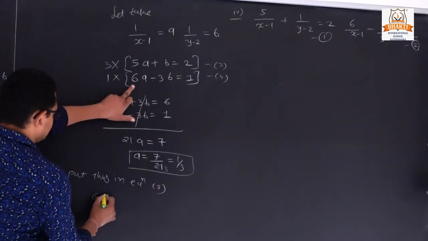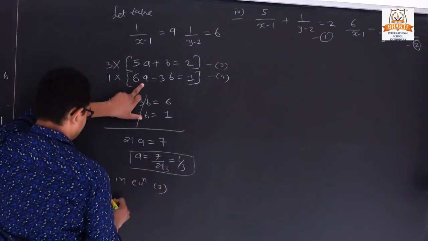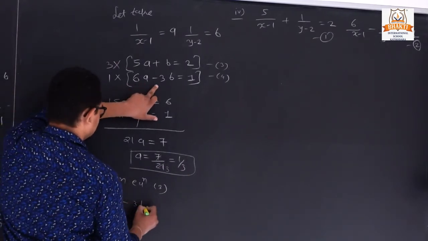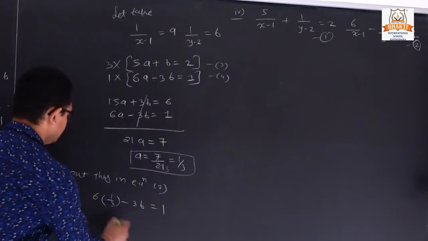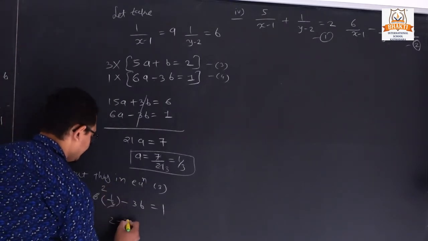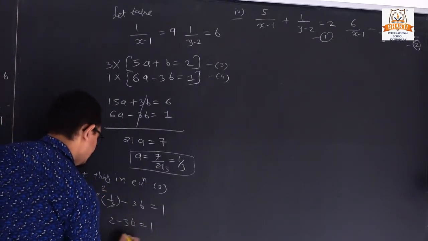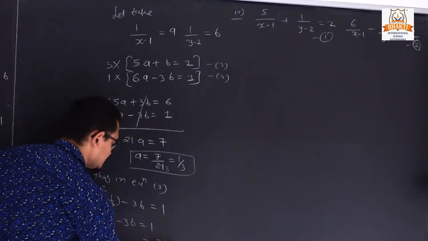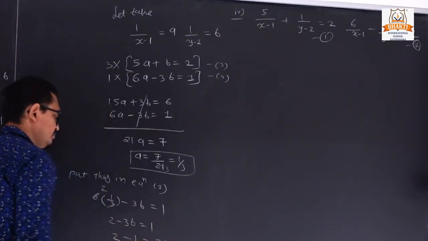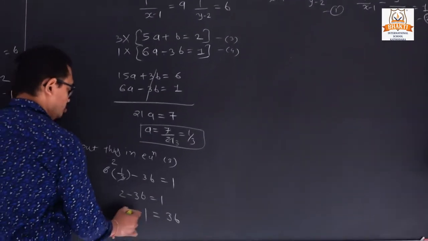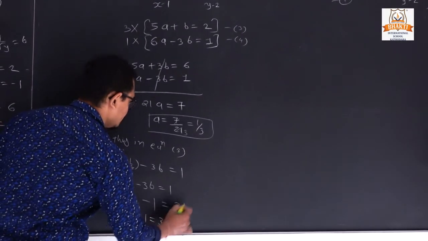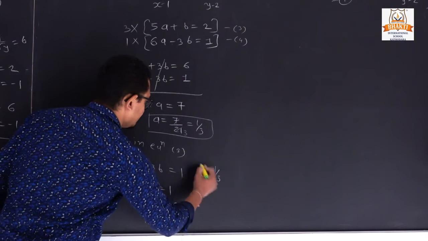So 6, what is the value of a? 1 by 3 minus 3b is equal to 1. So 3 ones are 3 twos are. Minus 3b is going to the second side, so it becomes plus, and plus 1 is going to the second side, so it becomes minus. 2 minus 1, 1. So what is the value of b? It is 1 by 3.